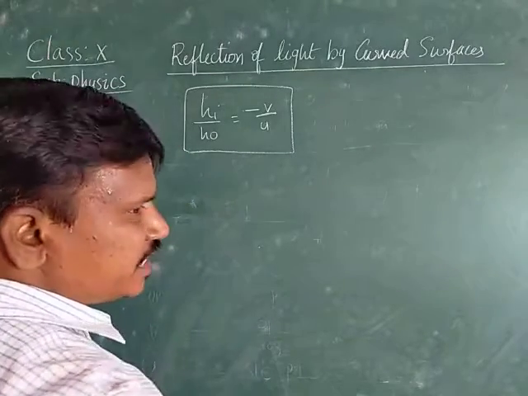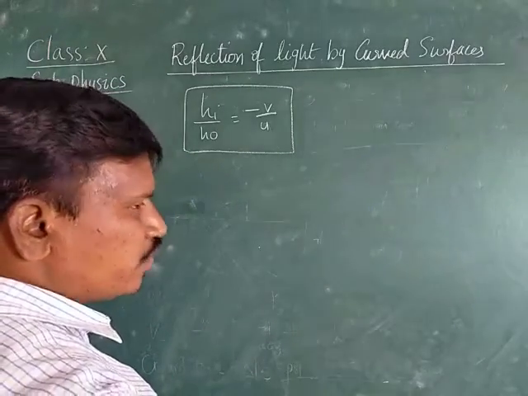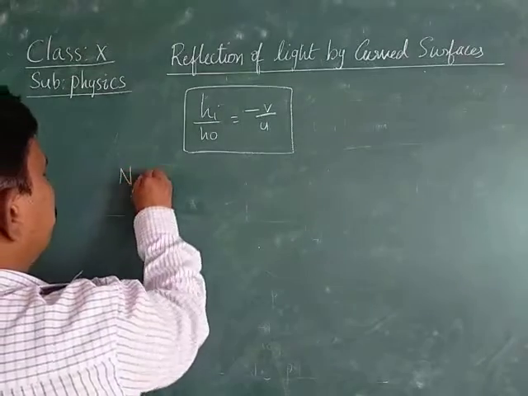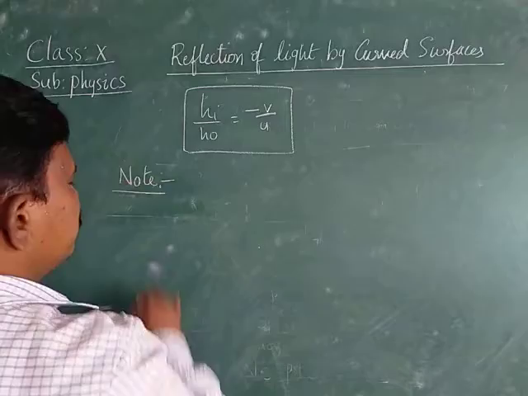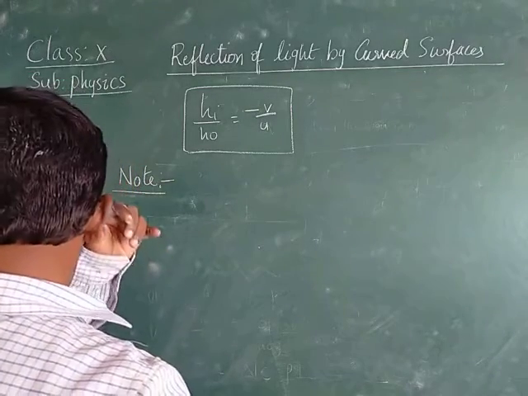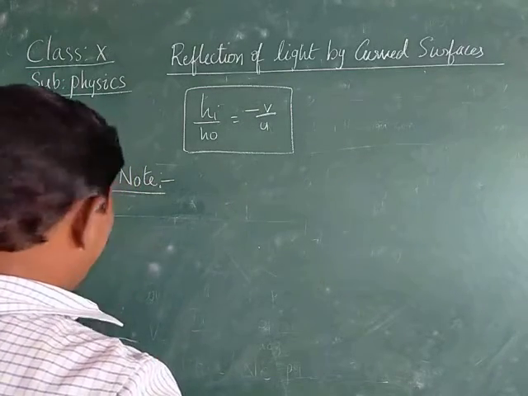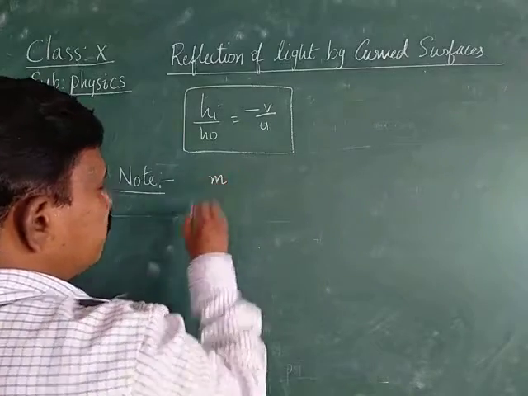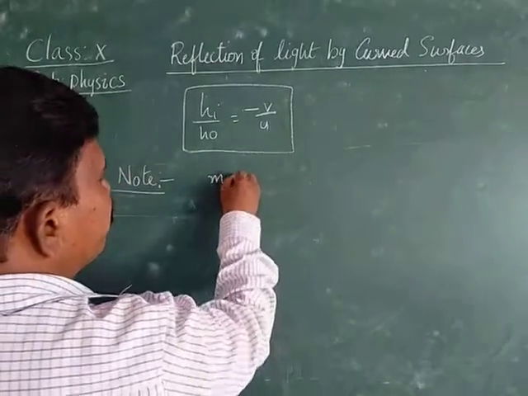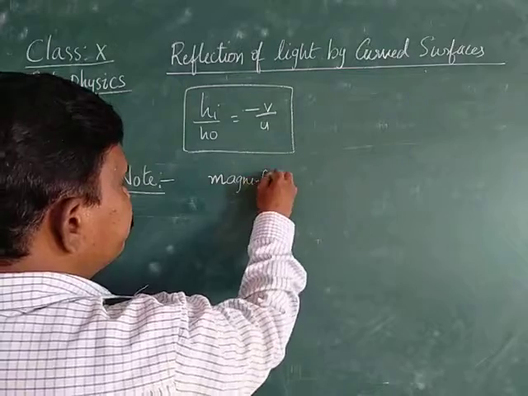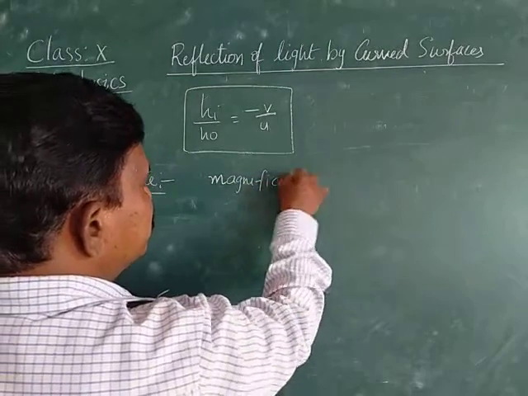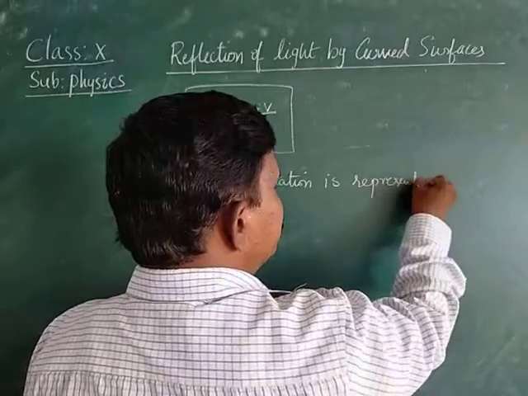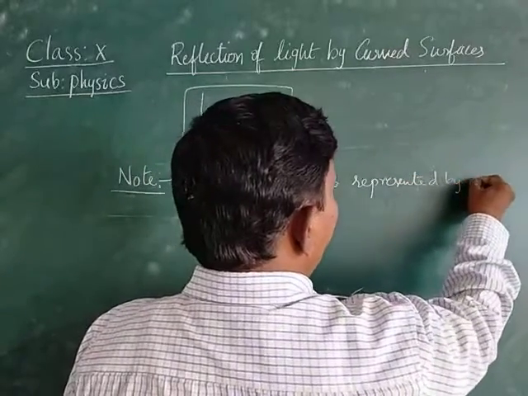Note, magnification not only tells us whether the image is magnified or diminished, it also gives the relation between sizes. Magnification is normally denoted by small m.